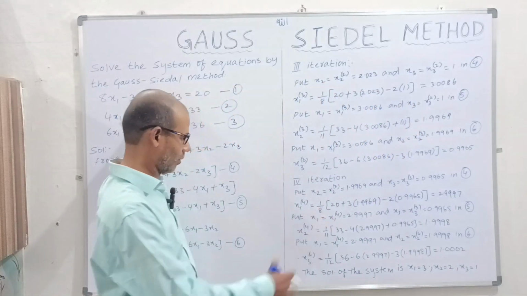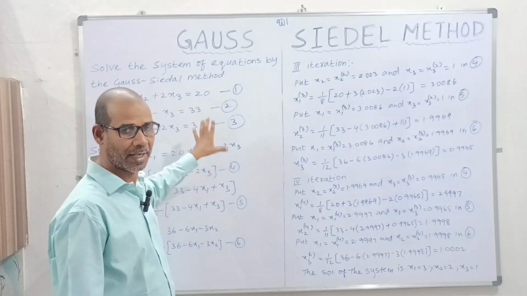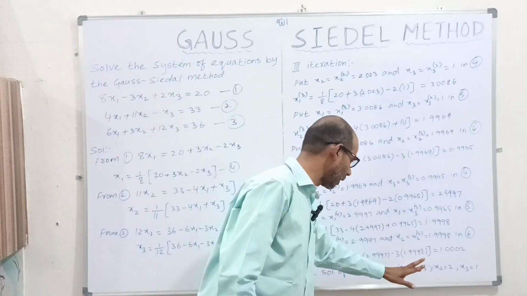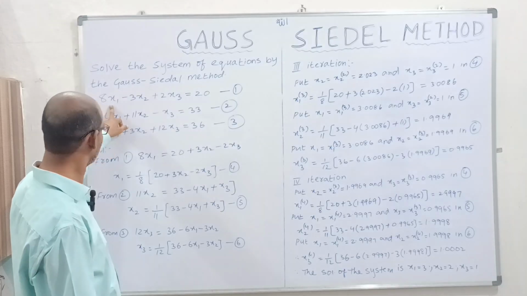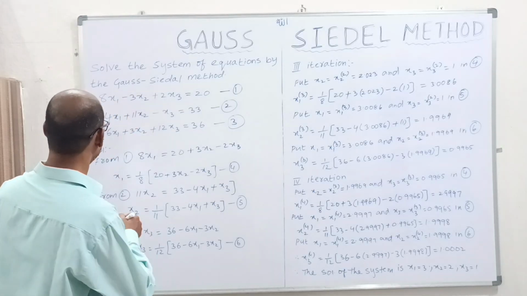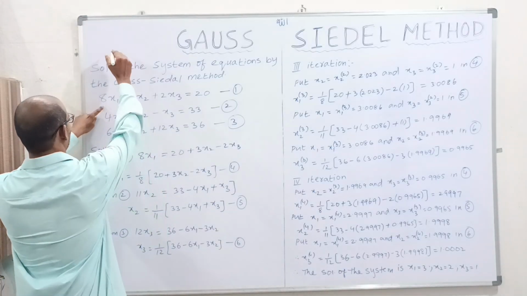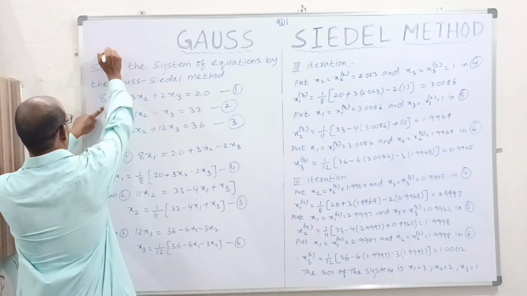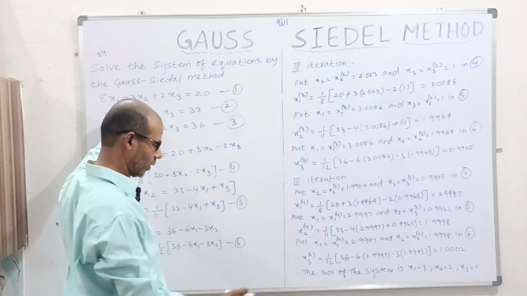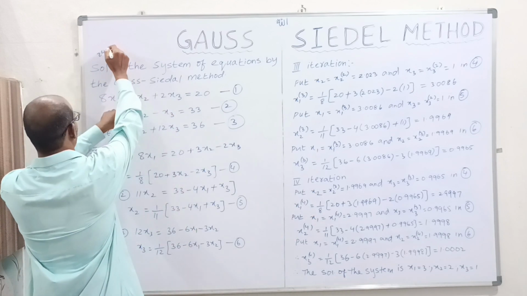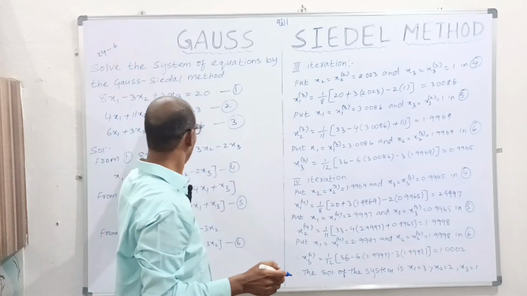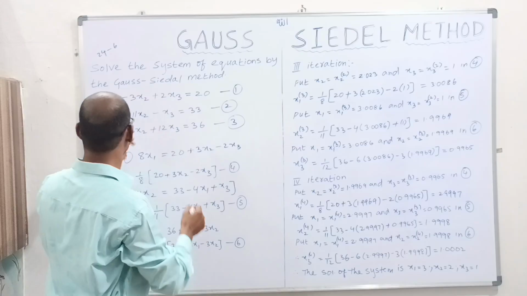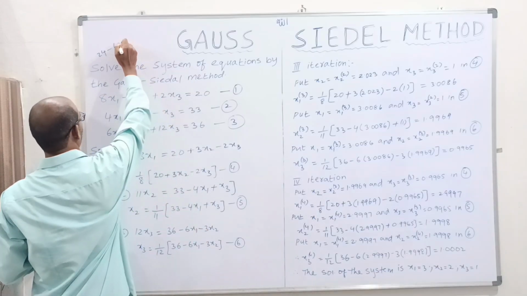Let us check whether this solution is satisfied or not. So x1 equals 3. If I put, 8 into 3 is how much? 24. Minus 3 into x2, 3 into 2 is 6, plus 2 into x3, 2 into 1 is plus 2.